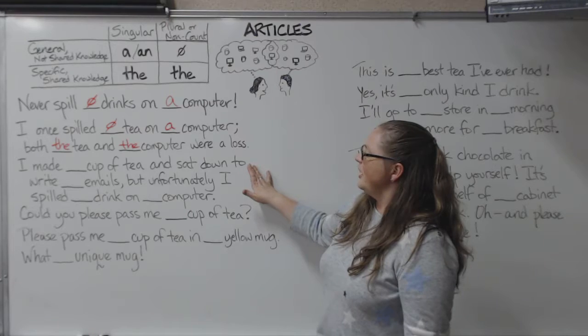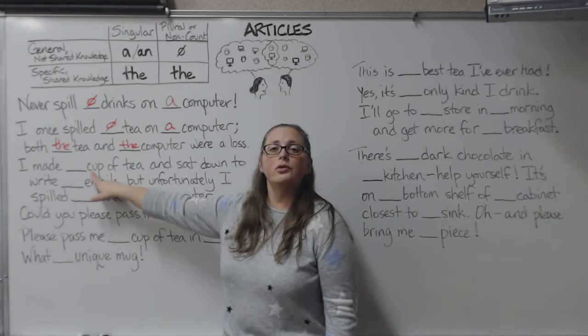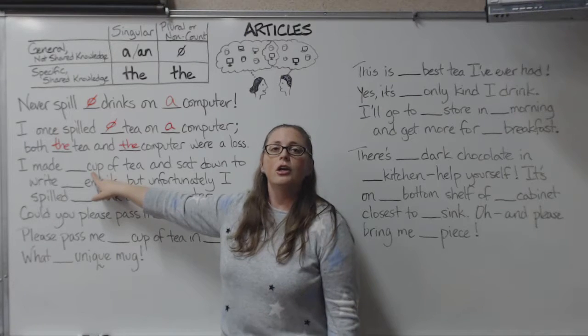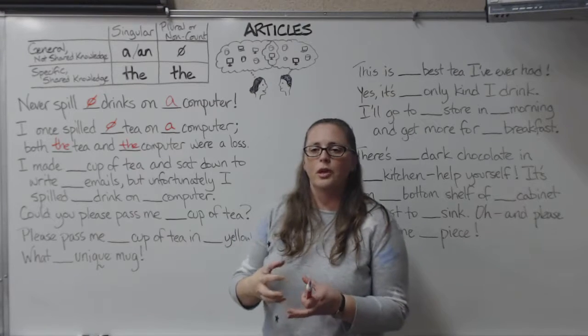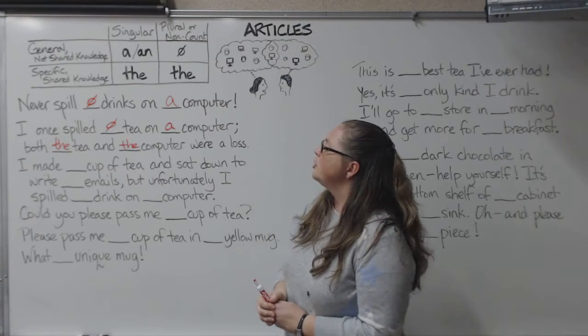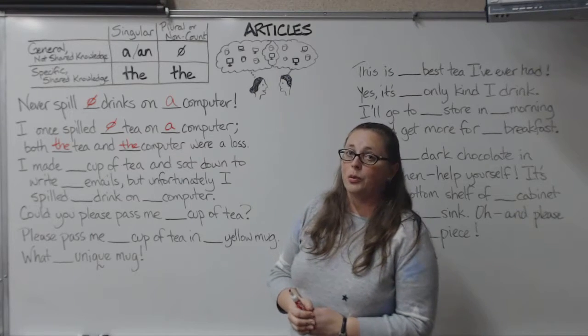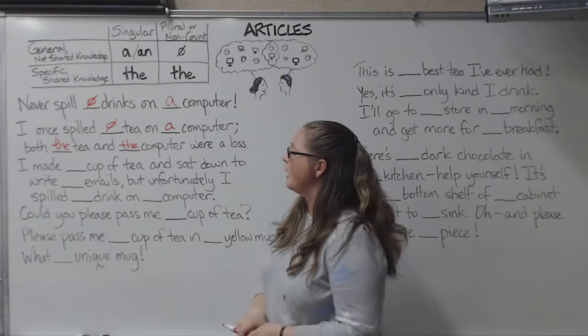All right, look at the next one. Instead of tea, I'm now using cup of tea. You can very often take non-count nouns and use amounts or packages to make them count nouns. So this is count. You can say 1 cup, 2 cups, 3 cups.